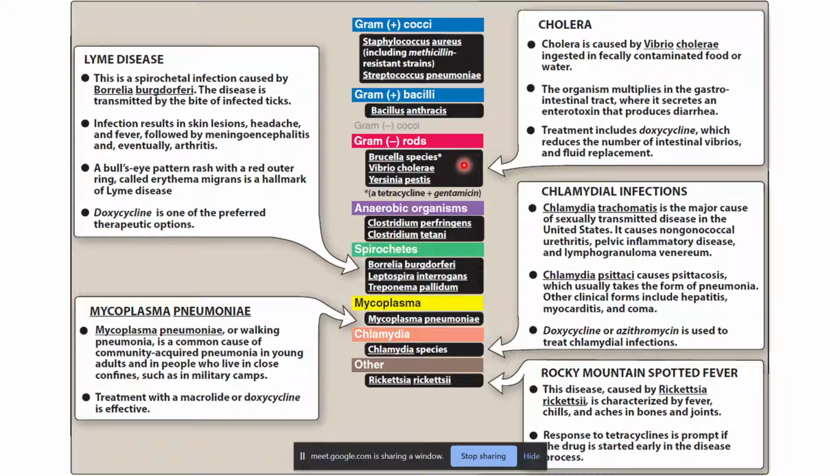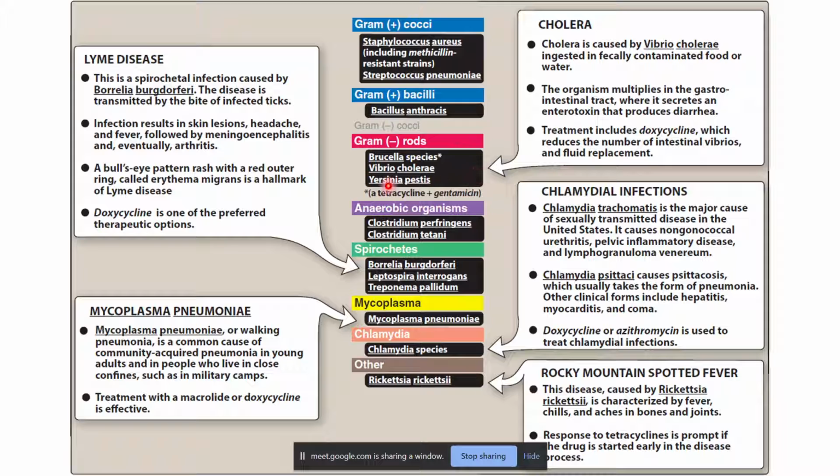Usually the contamination is done by ingestion of contaminated food and dirty water, and it is usually seen in children because they don't wash hands before meals. Cholera secretes a toxin that produces diarrhea, and the recommended treatment is doxycycline because doxycycline has a high bioavailability, and also fluid replacement may be required in case of severe diarrhea.